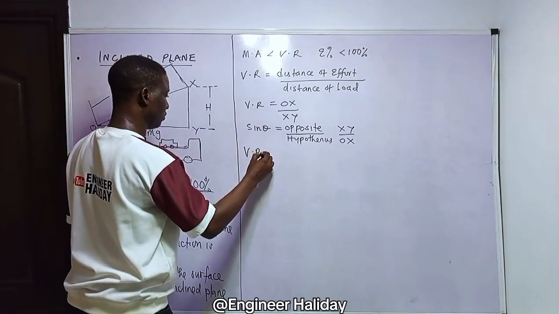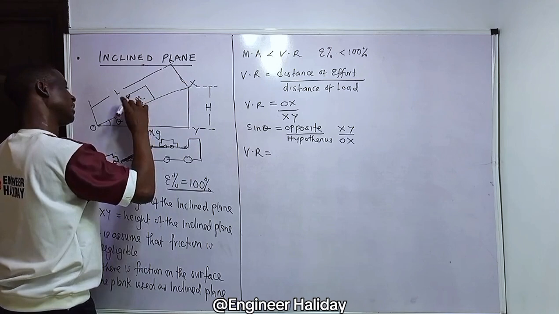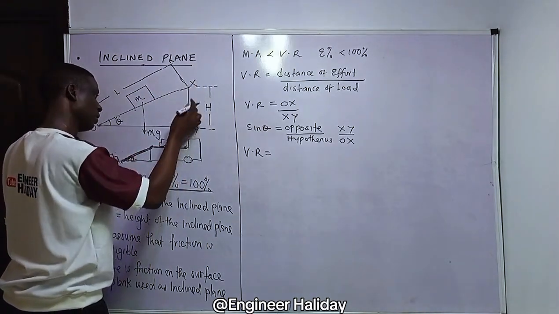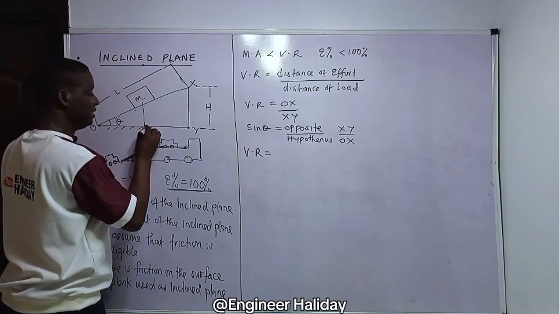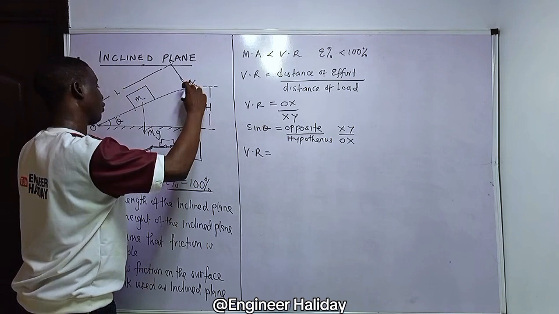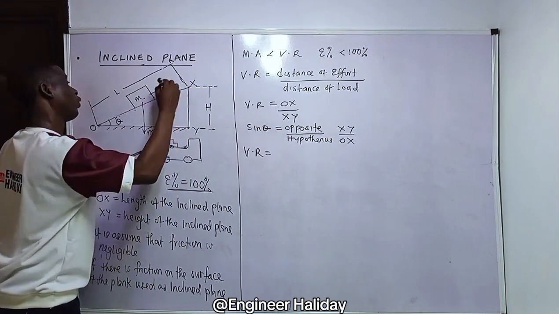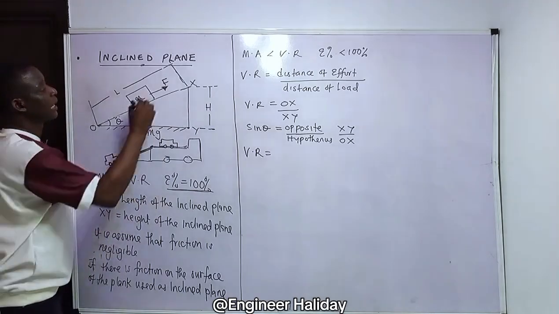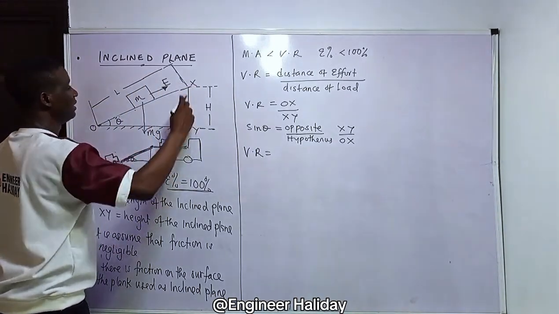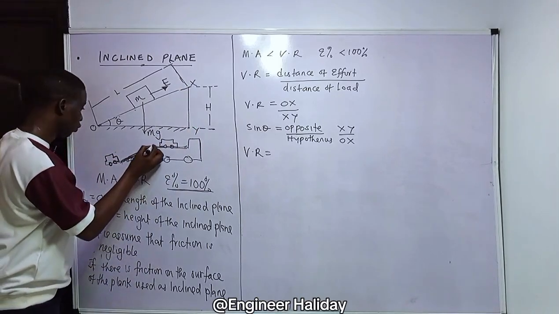So velocity ratio, because this is the distance moved by the load, the load itself is the one moving along this plane. That is the distance moved by effort, because the person is applying a force to pull it up, applying an effort to take it up, while the height is the distance covered by the load, because you are taking it from the ground to the floor.